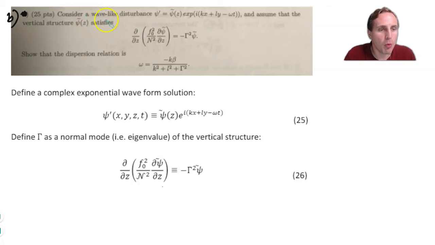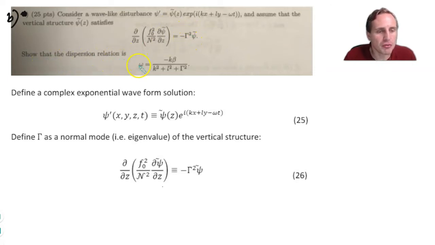It says, consider a wave-like disturbance psi prime equals psi tilde of z times exponential raised to the i of kx plus ly minus omega t, and assume that the vertical structure psi tilde of z satisfies d/dz of (f naught squared over N squared) d/dz of psi tilde equals capital gamma squared psi tilde.